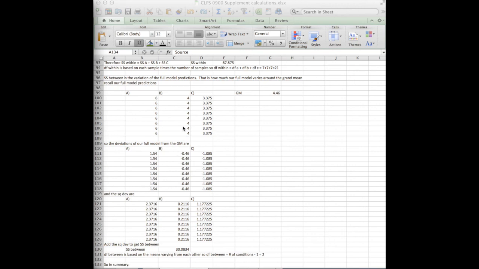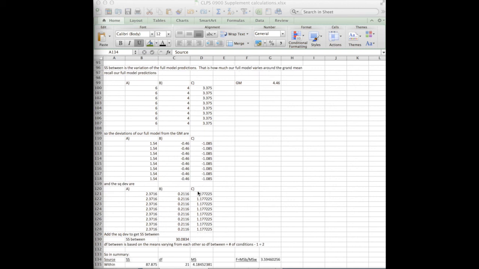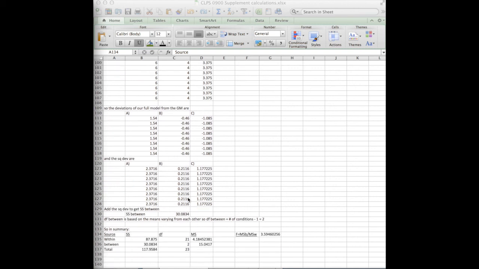And then same thing we do for B. You have 4 minus 4.46 with a deviation of negative 0.46, and do that the same way for everything in B, and likewise for C. 3.375 minus 4.46 equals negative 1.085, and do that for everything in that column. And then we square the deviations, as we usually do. So 1.54 squared is equal to 2.3716, and copy that all the way down.